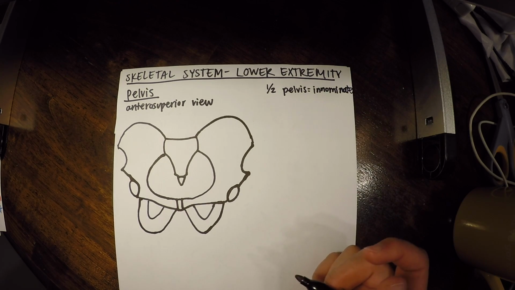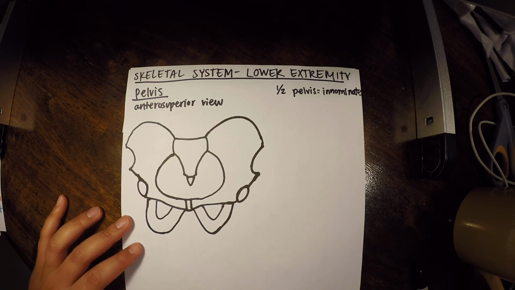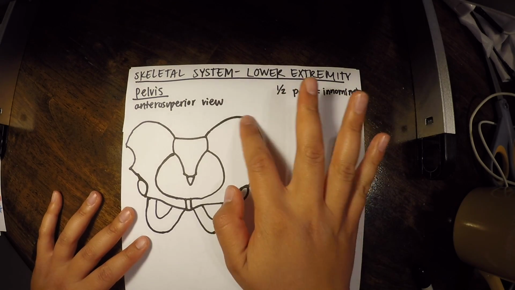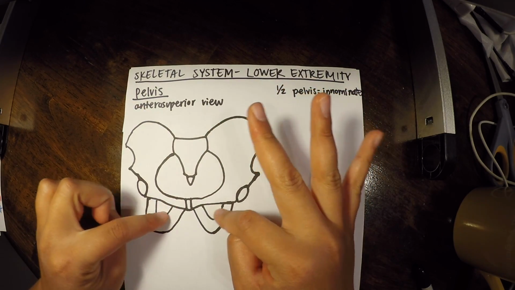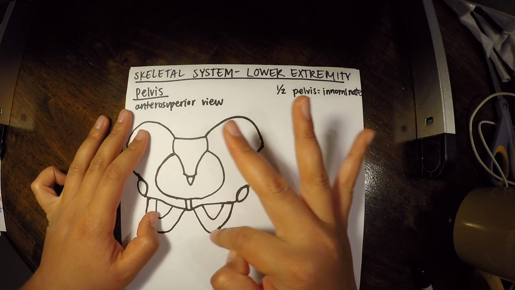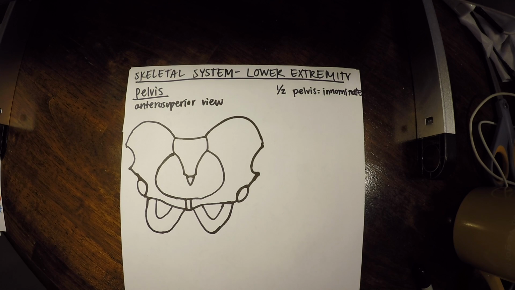Alrighty, so let's start by labeling the different bones of the pelvis. Now, remember, the pelvis is both of these pieces, and we're actually going to take this one innominate, or half of a pelvis, and it's going to be split up into 3 different pieces, okay?